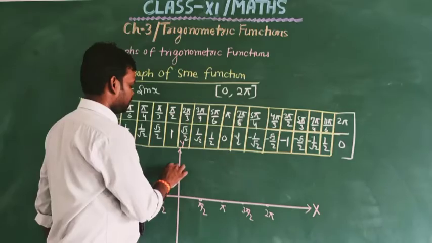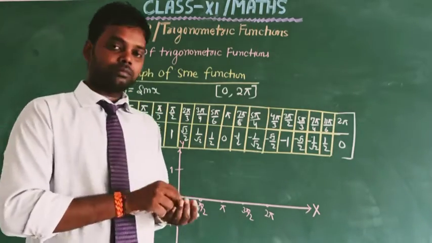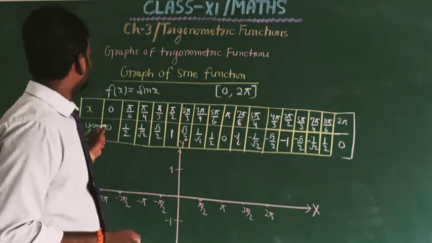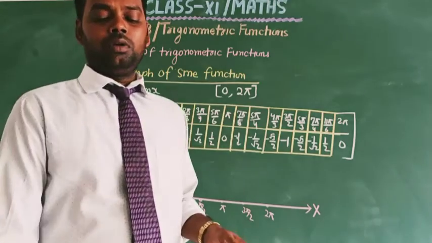Suppose this is 1 and this is minus 1. Okay, so here the value of sin 0 is 0.